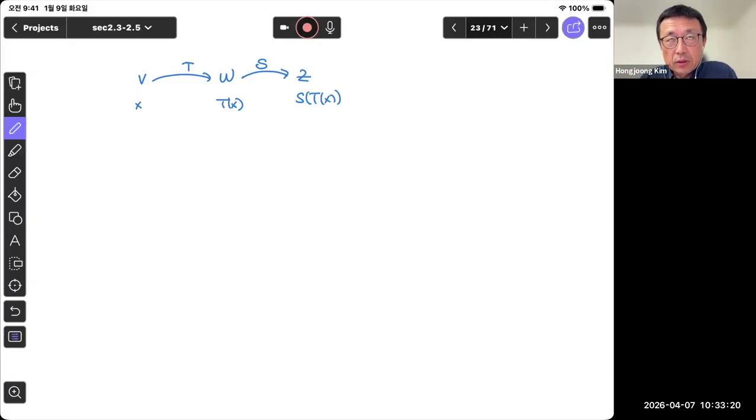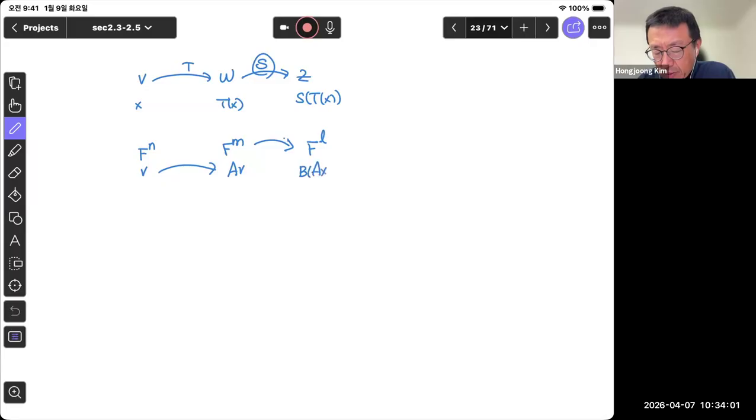And these mappings can be understood by a vector V in Fn space that is mapped to some vector in Fm space, and the image vector is just A times V. Then we have another mapping from Fm to say Fl, and this S mapping may be represented by B, and we get B times A times X, representing this composite operation.